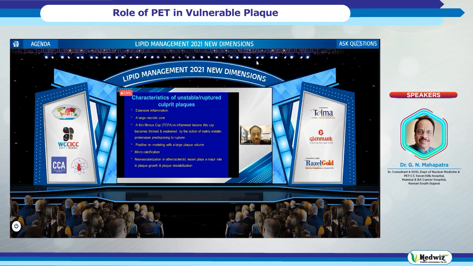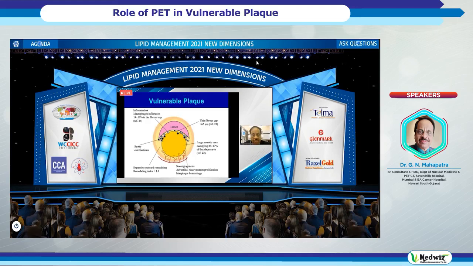This cap becomes thinned out and weakened by the action of matrix metalloproteinase, predisposing to rupture. Then there is positive remodeling with a large plaque volume, then microcalcification, then neovascularization, that is neoangiogenesis, in the atherosclerotic lesion, which plays a major role in plaque growth and plaque destabilization.